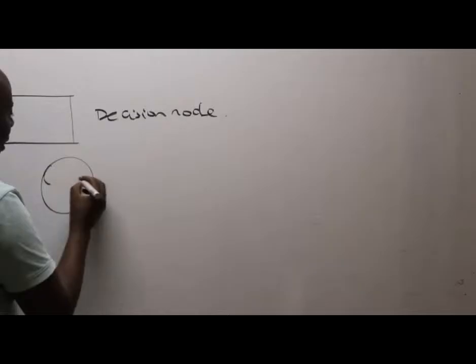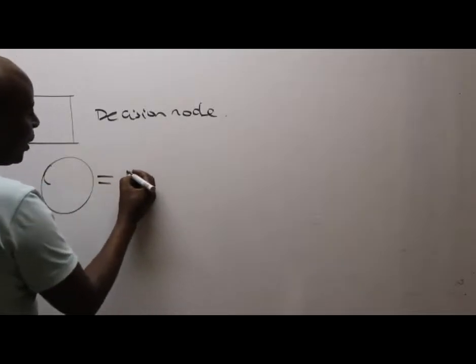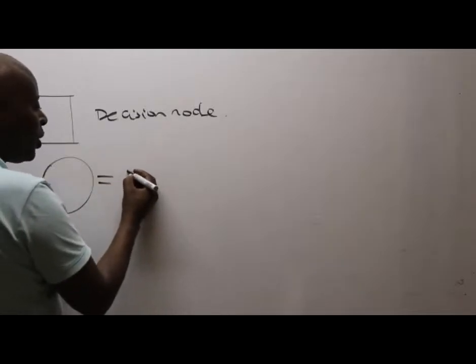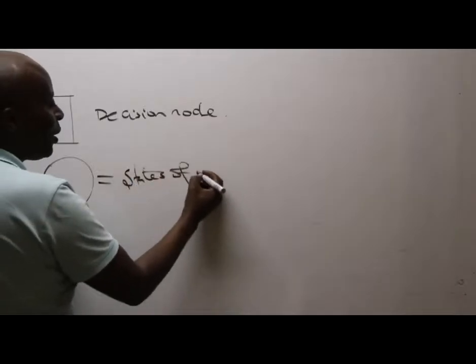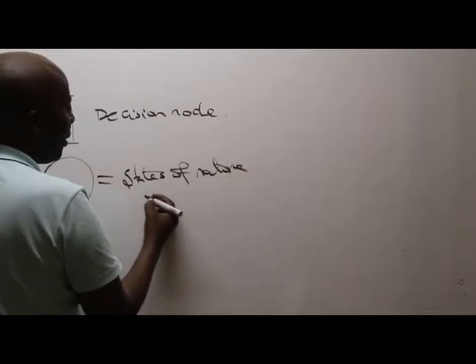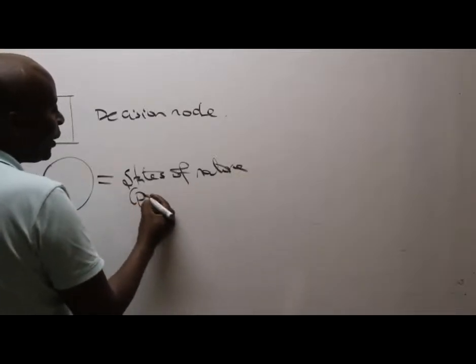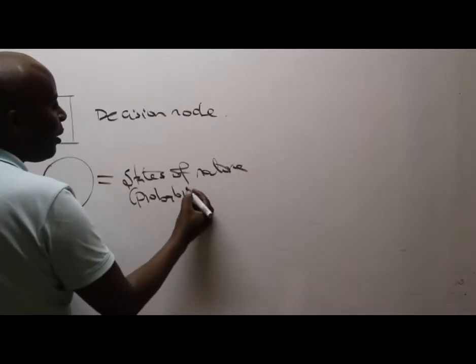And then we have a circle node, which is a chance node, or a states of nature node. If you remember, the states of nature node is the one that carries the probabilistic events.